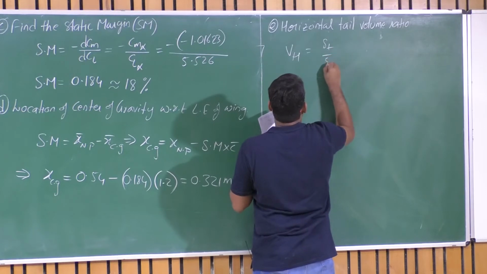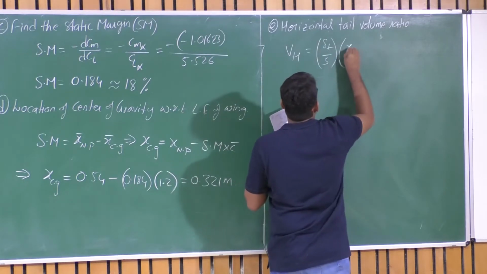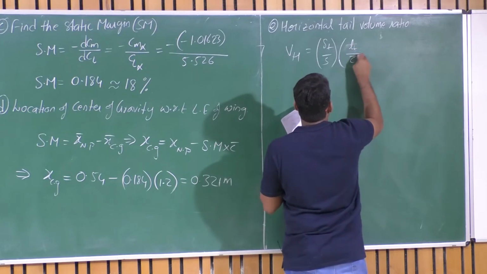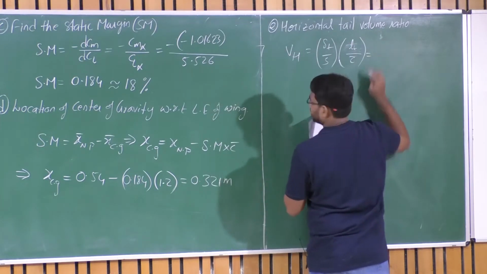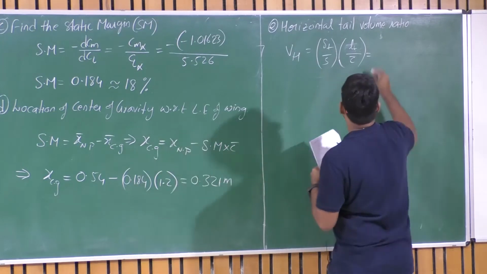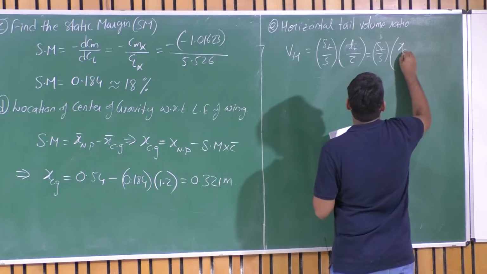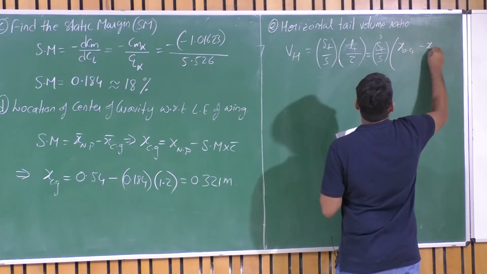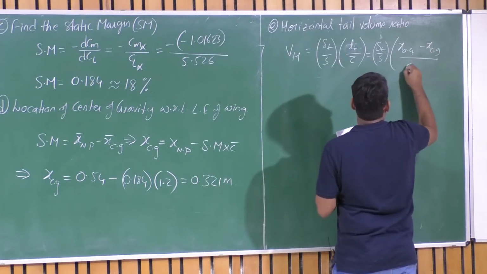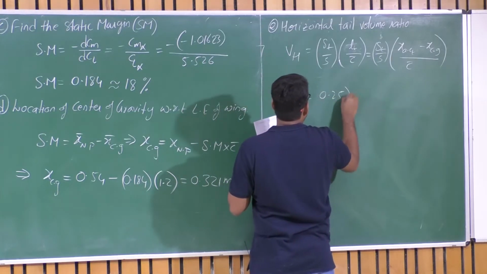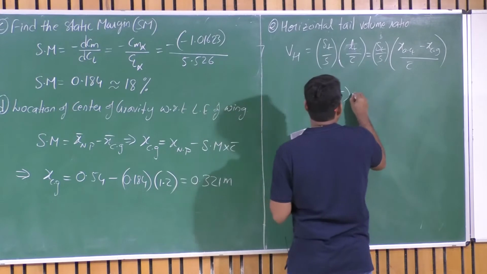ST upon S times X bar XAC of tail, or LT upon C bar, which is ST upon S. LT is given, otherwise you can say LT is XAC of tail minus XCG upon C bar. So straightforward. Please substitute this, and then this is 25%, 1/4 of the wing times.